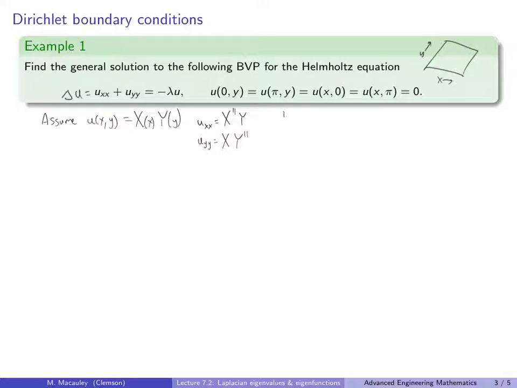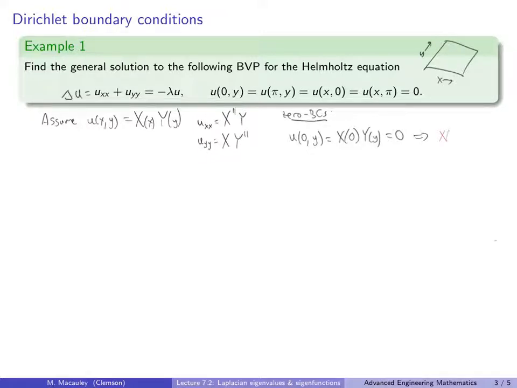And now we have our 0 boundary conditions, as I like to call it. So the first one says that u of 0, y, so we're using this one right here. This is big X of 0 times big Y of y, and that's equal to 0. So we have a number here times a function equaling 0. So that tells us that the number has to be equal to 0.